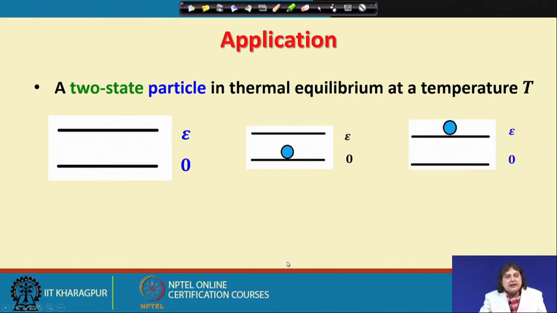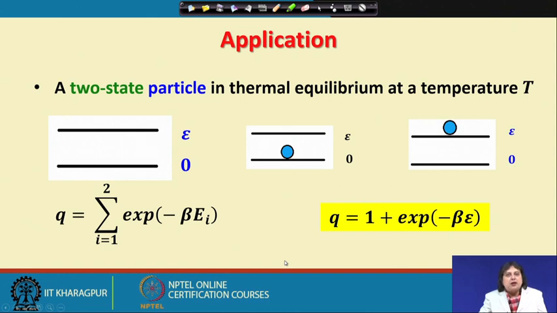So, here as you see that I have 2 distinct microscopic states, and the corresponding partition function for this single particle is this. So, if I ask you the question, what is the probability that this particular microscopic state will be observed? That probability corresponds to my energy E1 equal to 0.